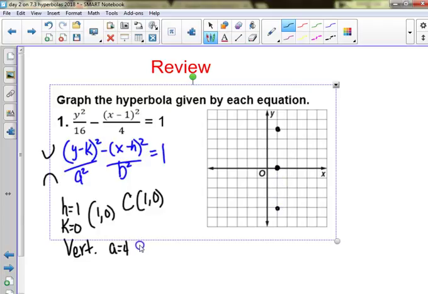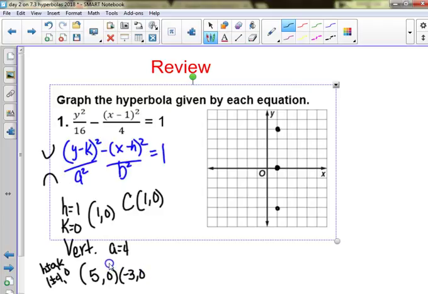the vertices have a formula of, I'm guessing, h plus or minus a comma k. Is that right? Which would be 1 plus or minus 4 comma 0. So we will have vertices at 5, 0 and negative 3, 0. Just kidding. Did I count mine wrong?